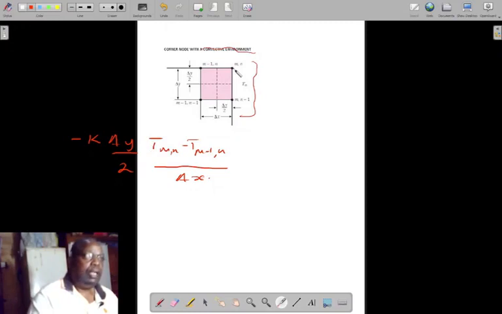And we've said that the heat from this node will be divided equally between that node and that node. So a half will go this way and a half will go that way. That's why we have that 2 there.